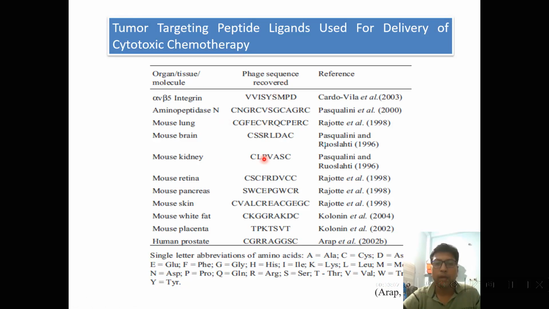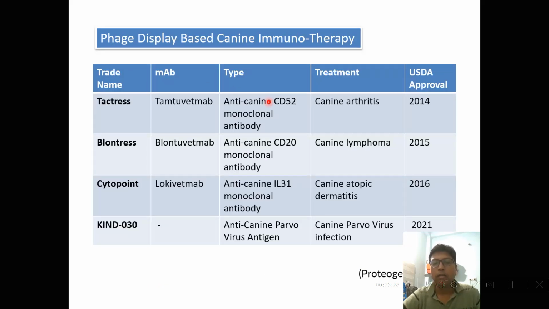These are different types of peptides which can bind to different organs, and different cytotoxic chemotherapeutic responses can be best seen in the case of phage display technology. These are different types of USDA approved drugs, and these are basically monoclonal antibodies which are used for the treatment of canine arthritis, canine lymphoma, canine atopic dermatitis, and canine parvovirus infection, respectively.